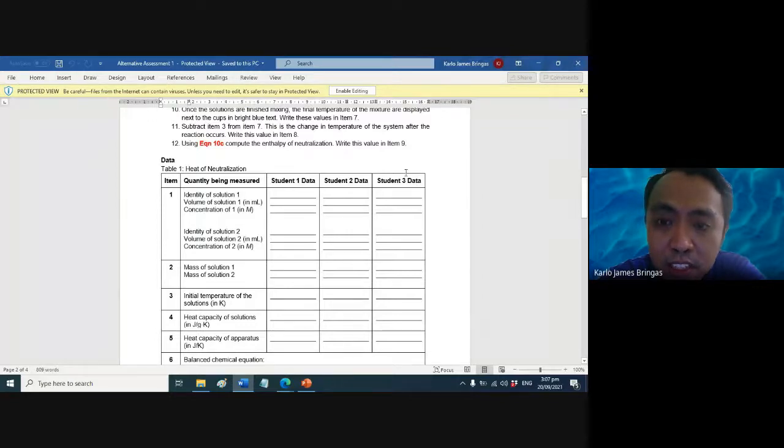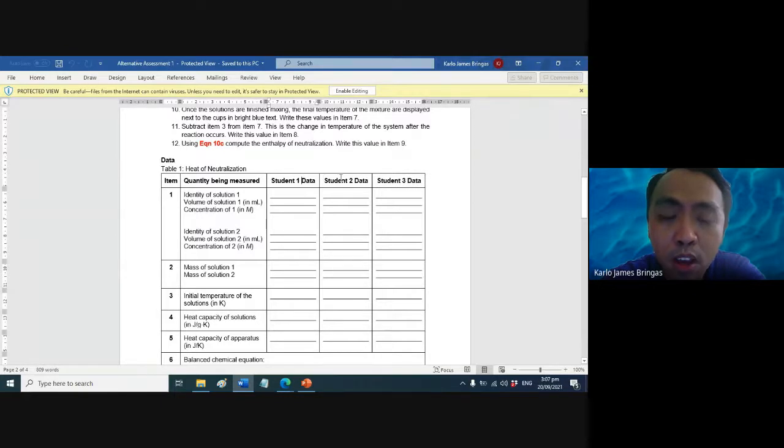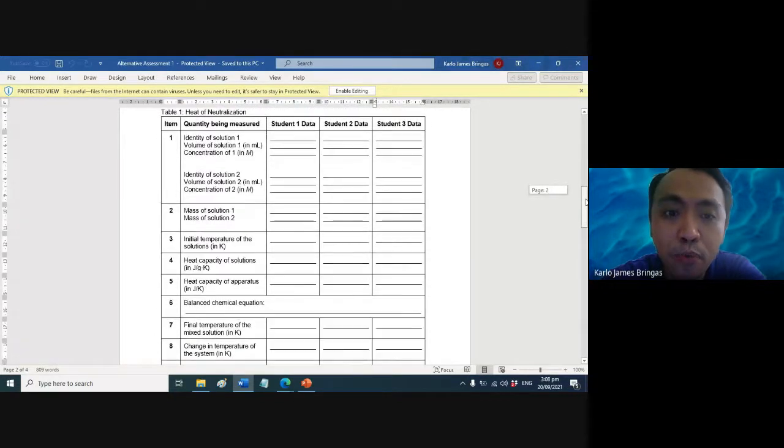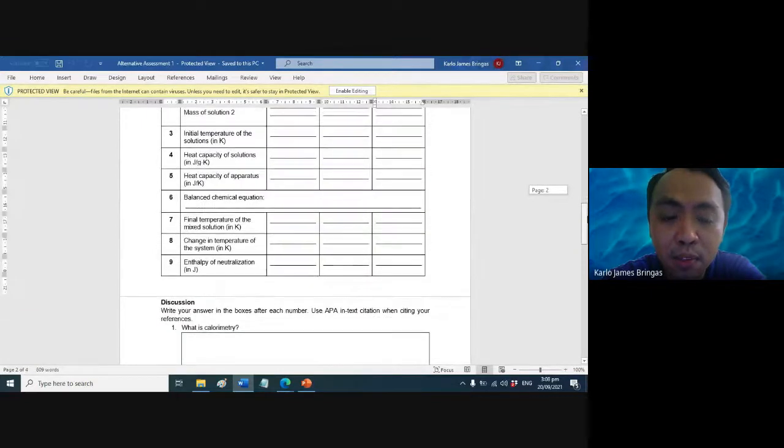So you can just add more columns. So since we have 5 people in our group, there should be 5 data that we have. 1 column for student 1, 1 column for student 2, 1 column for student 3, and so on until all members of the group have their own individual data as proof that they have actually performed the virtual lab themselves.